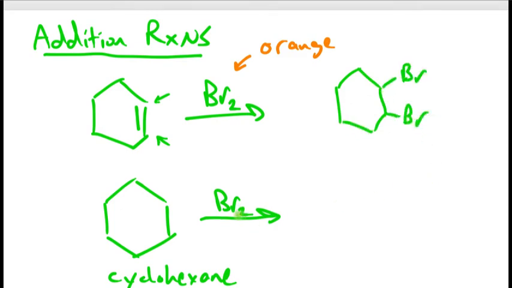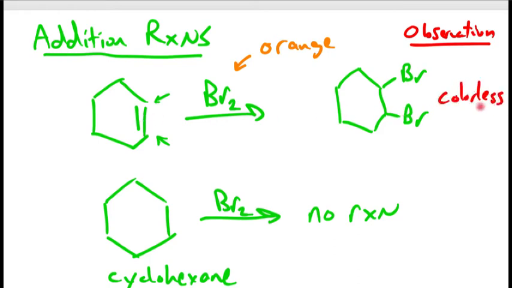Now, the bromine does not react quickly at all with alkane, such as this one. If you give it enough time, if you give it some light, it does react very slowly, but it's not this kind of reaction. So in the context of this reaction, there's no reaction. Now, the observation that you're going to see is that this reaction stays colorless and this reaction turns orange.